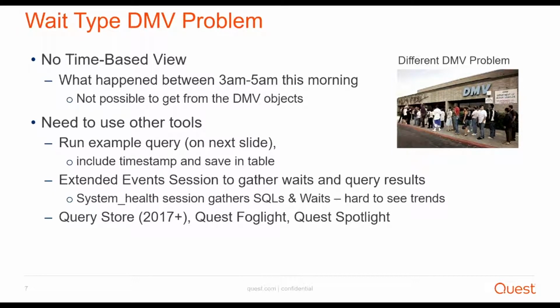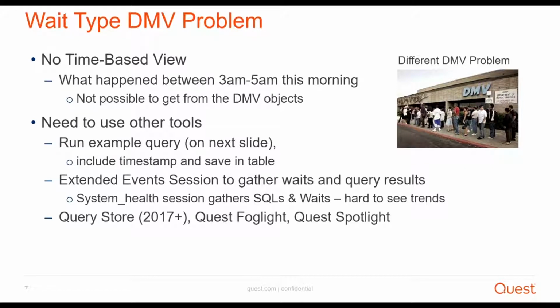But what you can do is use other tools. I can show you how to make your own tool by running the query on the next slide. All you have to do is include a timestamp with the information from the DMVs and save it in a table. You can look at extended events, the system health session, which started in 2012 and above. That gathers SQLs and wait types.